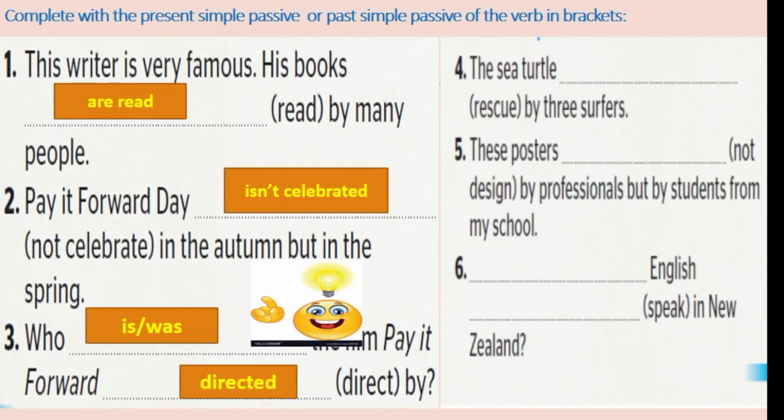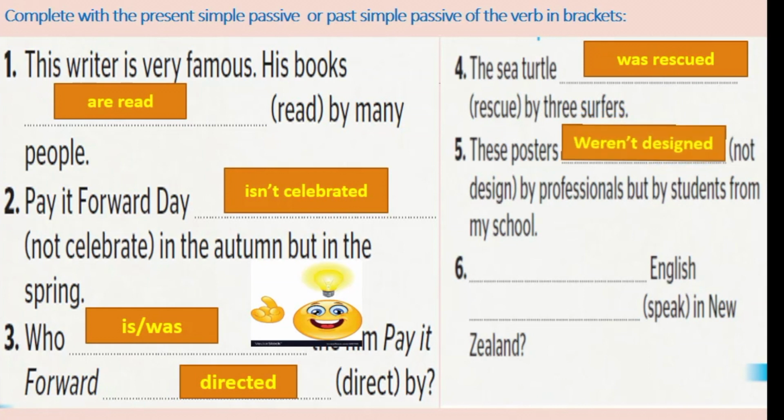Yes, directed. Number 4, the sea turtle, yes, was rescued by 3 surfers. Number 5, these posters weren't designed by professionals but by students from my school. Number 6, is English spoken in New Zealand?